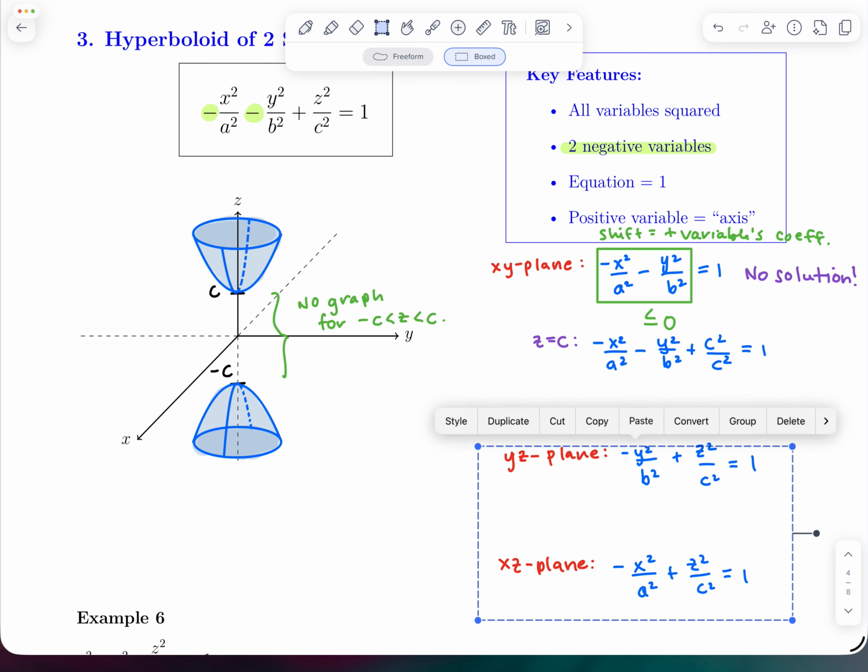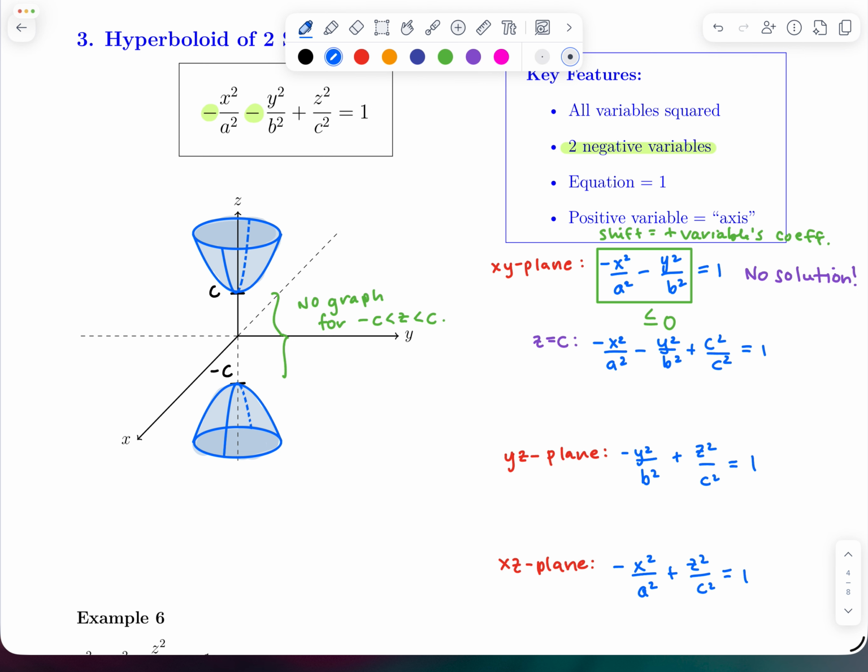Give myself some more space. Notice that this term is equal to 1. So now I'm at the point where if I were to put this all on one side, I would have negative x squared over a squared minus y squared over b squared equals 0. And there is a solution to that.